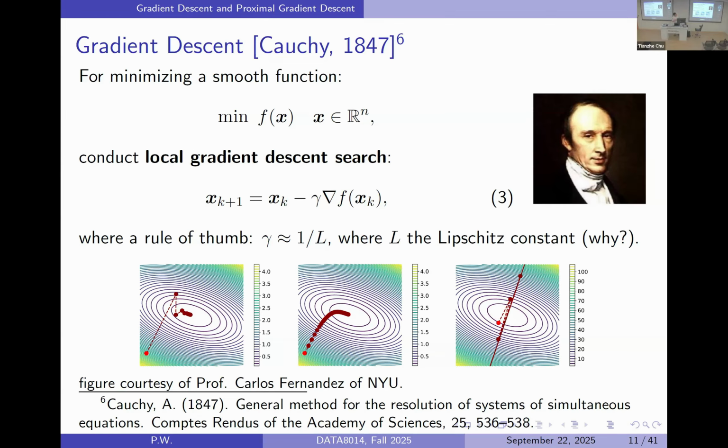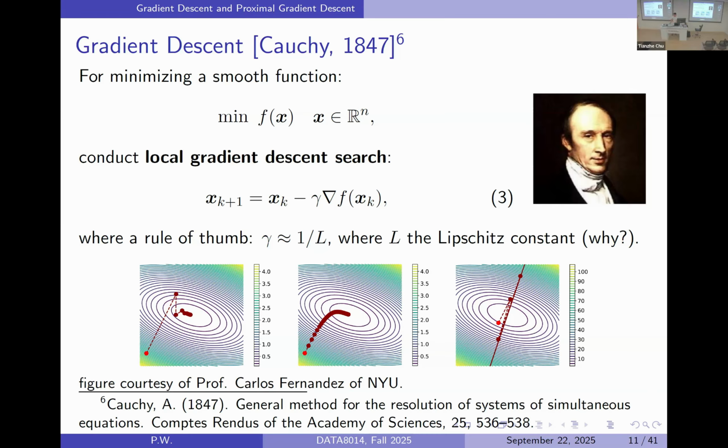The first typical algorithm we want to introduce is gradient descent. Gradient descent is generally attributed to Cauchy, a great mathematician, who first introduced this algorithm about 200 years ago.